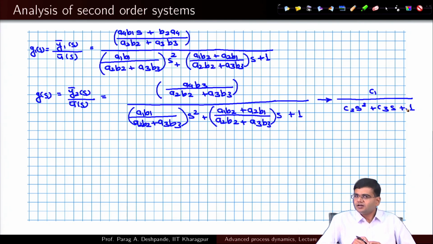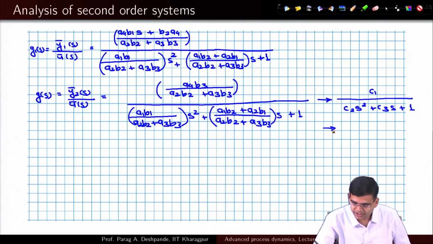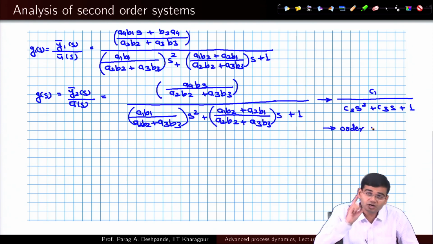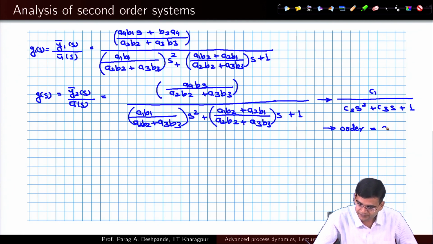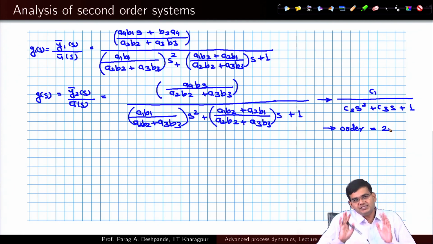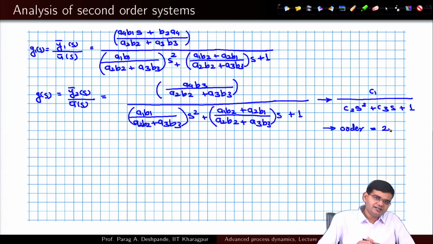So, what is the order of the dynamics of the system overall? Well, for such a case, I look into the denominator, I look at the degree of the polynomial, and I decide upon that. Therefore, the order of the overall dynamics of the system is 2, and the moment I see 2 here, I know that the overall dynamics of my system is going to be slower compared to the dynamics of a single tank if the second tank were not there.